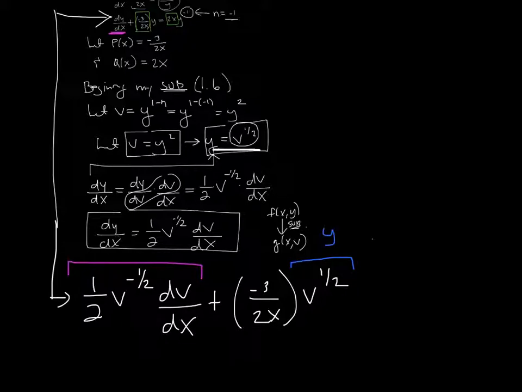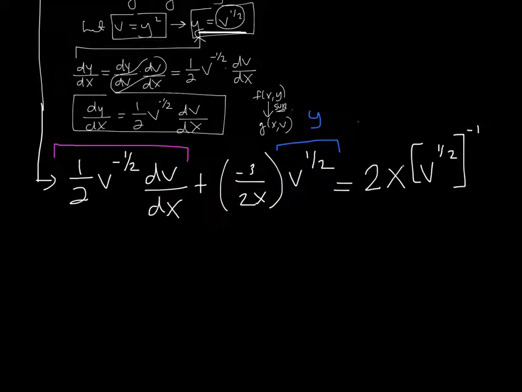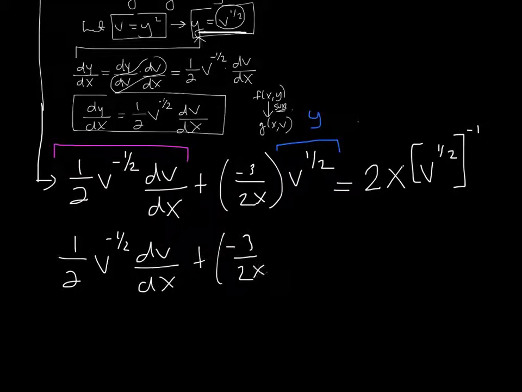And that equals 2x times y, so 2x and then again y is just v to the 1/2, but we're raising that to the negative 1 power. Not really much we can do here, I'm just going to simplify one thing: plus negative 3/2x v to the 1/2 equals 2x v to the negative 1/2.